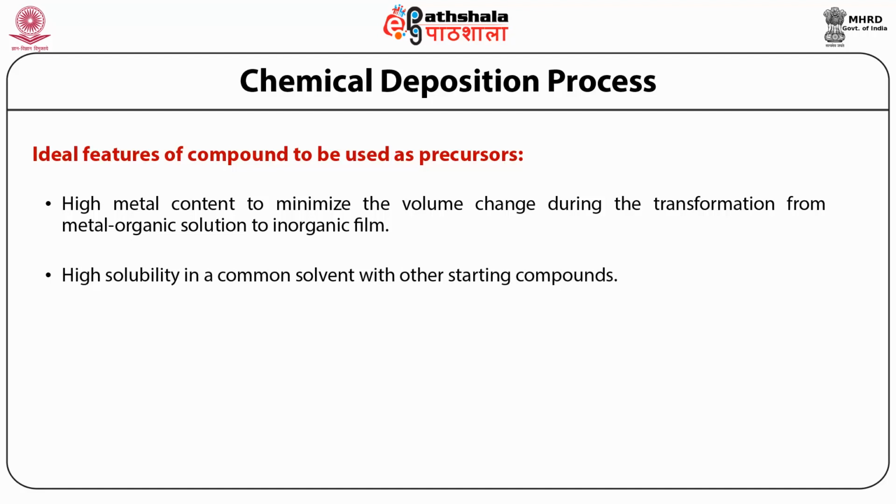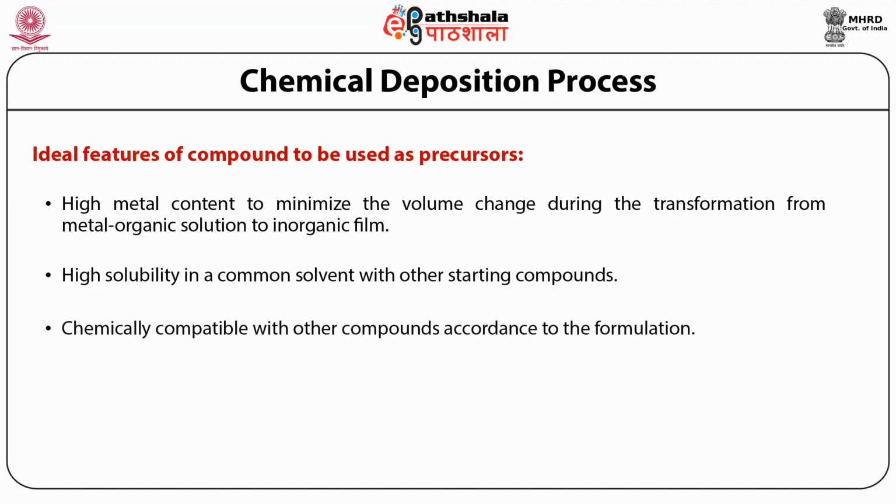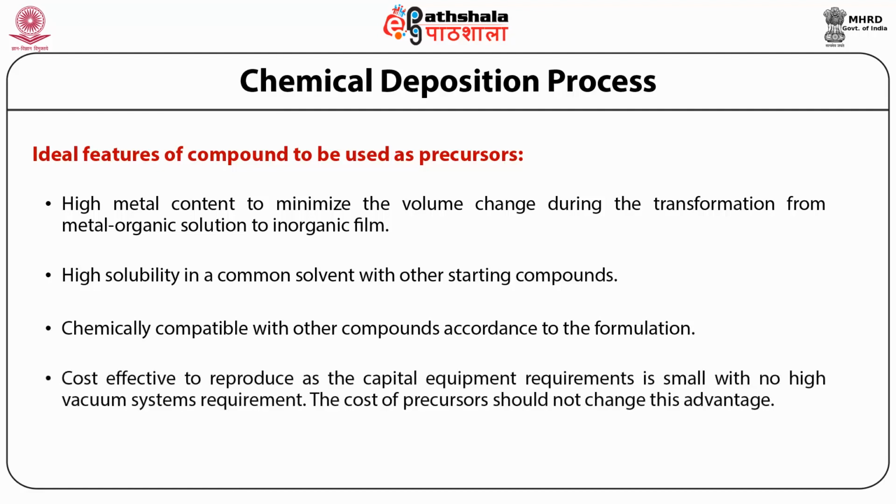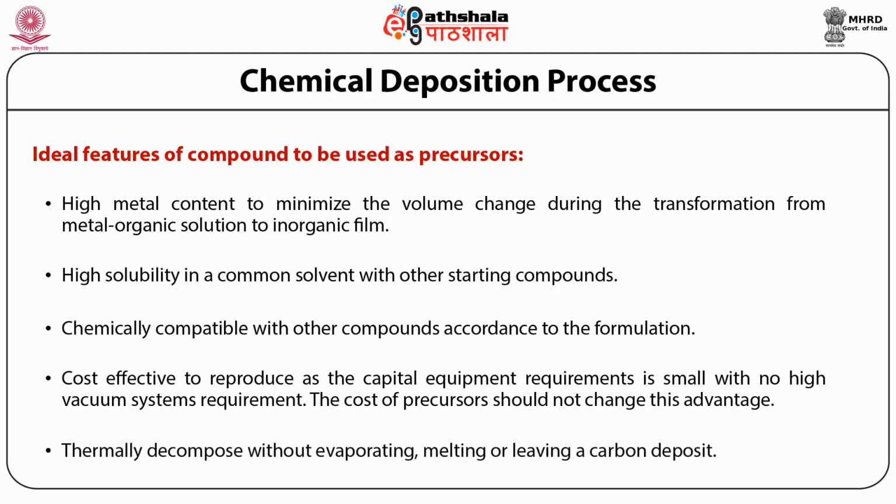Number 3, it should be chemically compatible with other compounds in accordance with the formulation. Lastly, number 4, the ideal precursor should be cost effective, as the capital equipment requirement is small with no vacuum systems requirement. The cost of precursors should not change this advantage. It should not thermally decompose without evaporating, melting, or leaving a carbon deposit.